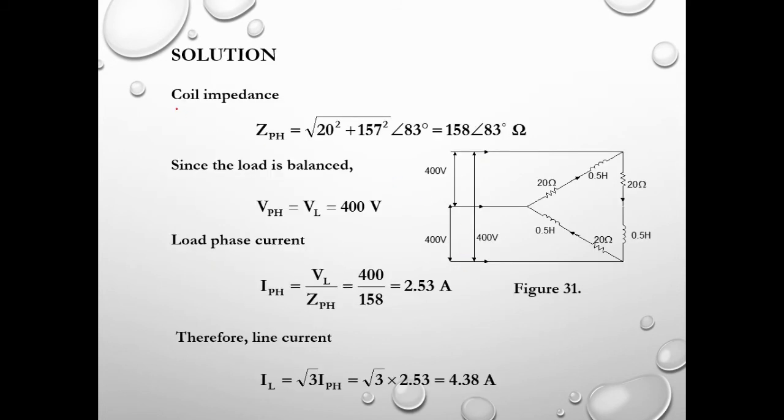Solution: first, the coil impedance. This is what we have seen earlier, the same steps. The phase impedance is 158 angle 80 degree ohm. Since the load is balanced, V phase equals V line equals 400 volt. Remember, this is for delta. Once you come to the load phase, you must remember that I phase equals V phase over Z phase, the phase impedance.